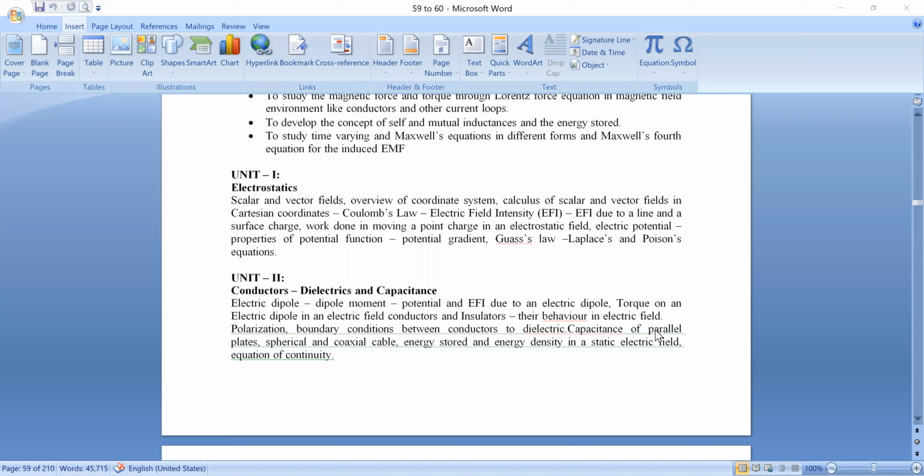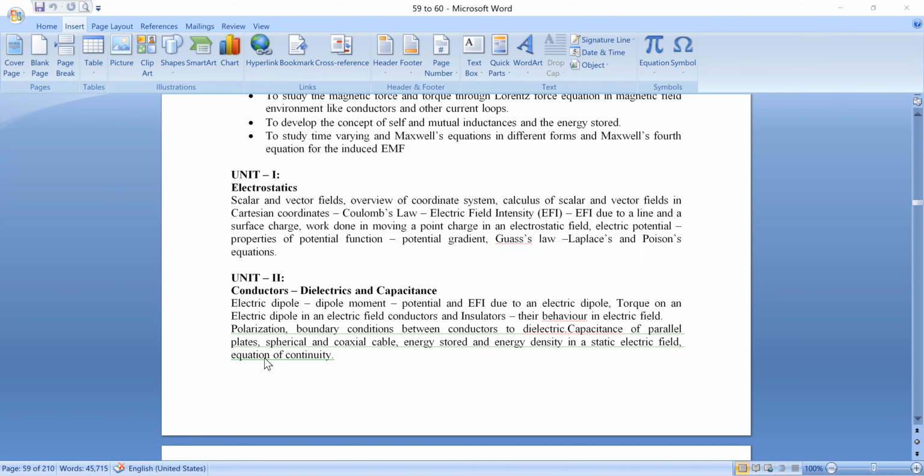So in this chapter, we discuss the capacitance of a parallel plate capacitor, and also a spherical capacitor, coaxial cable, like that. And also in this chapter, we discuss the energy stored in the parallel plate capacitor, and also energy density in the static electric field.